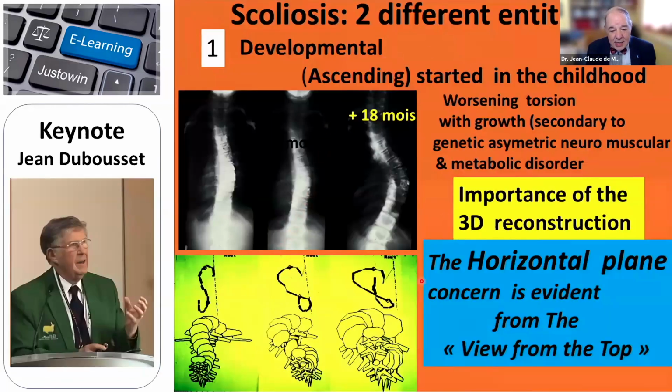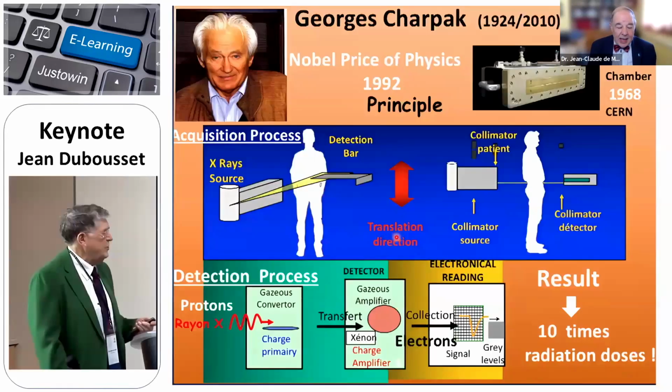So you see that with infantile scoliosis and the 3D reconstruction, we have differences between resolving, progressive, and malignant scoliosis.